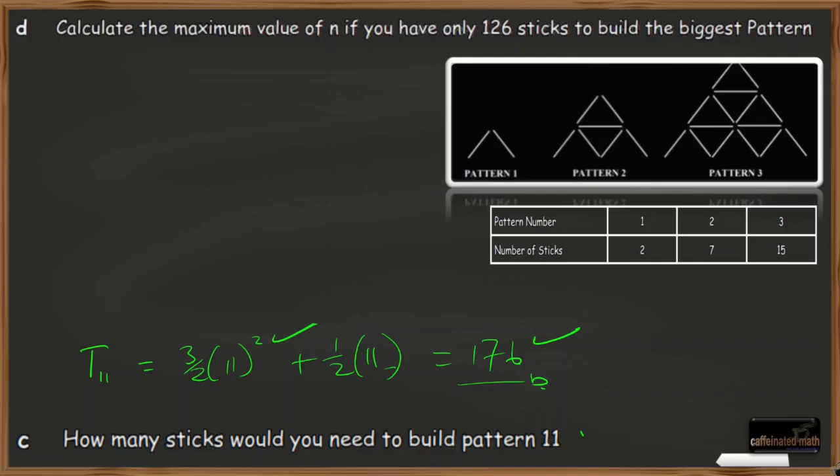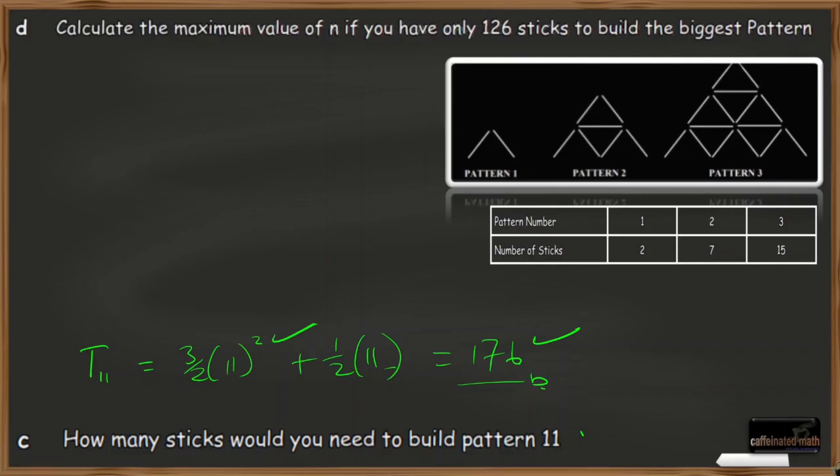The final question in this set, number D, calculate the maximum value of n if you have only 126 sticks to build the biggest pattern with. So let's have a look.